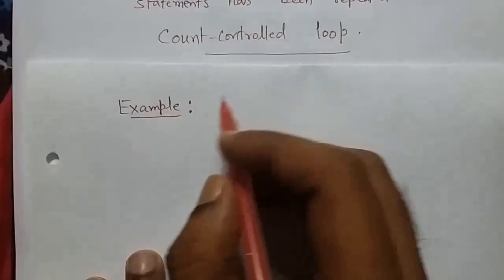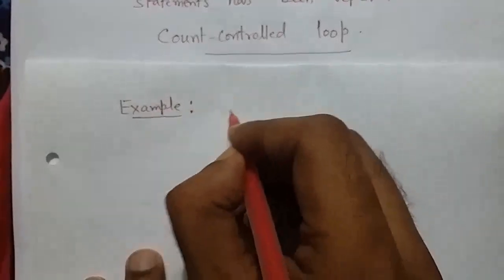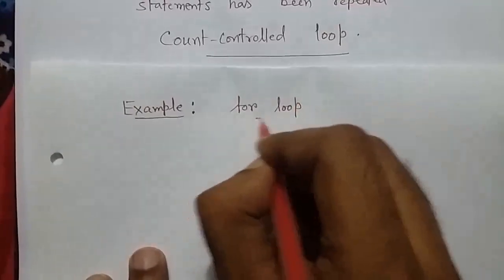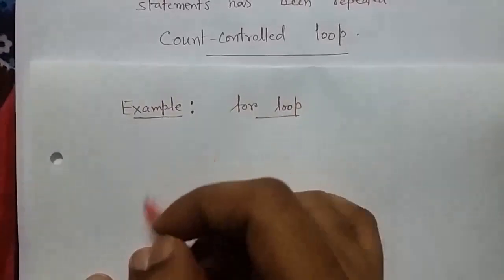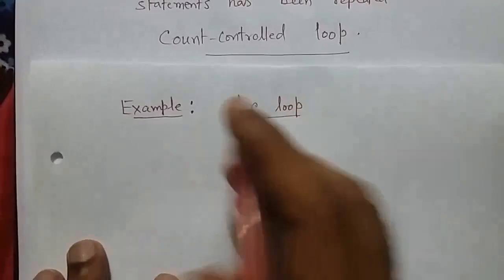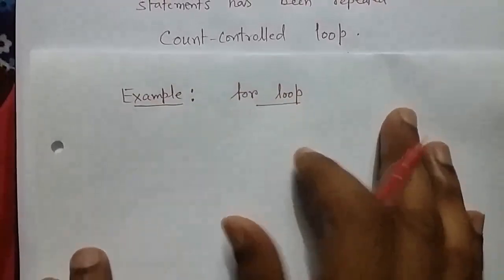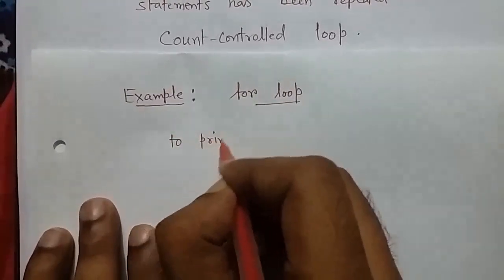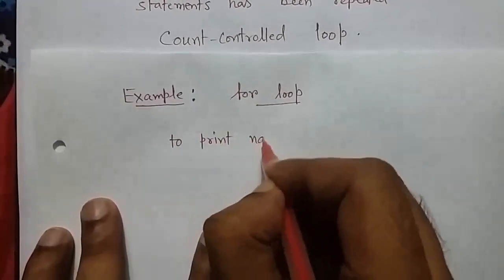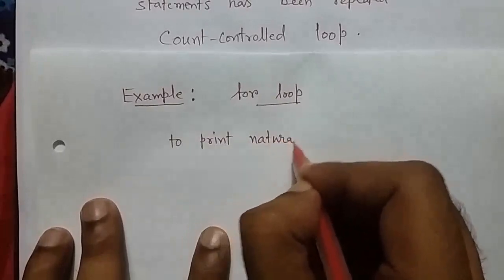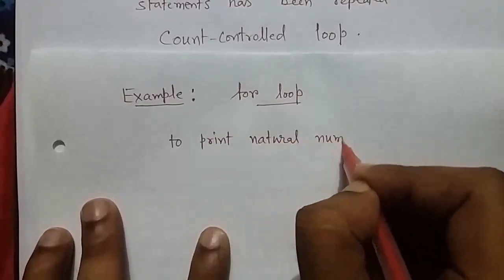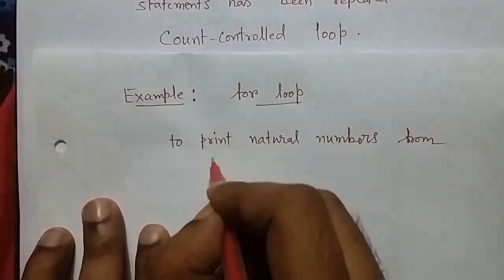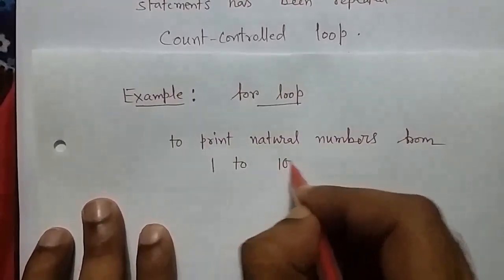An example of fixed loop is for loop. An example with reference to a program: suppose a program to print natural numbers from 1 to 100.